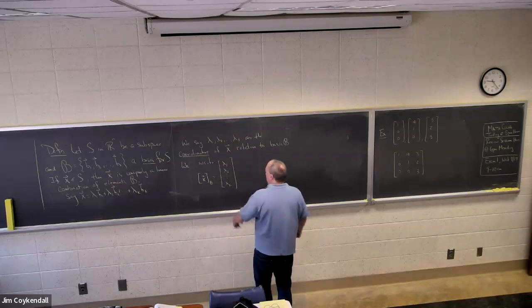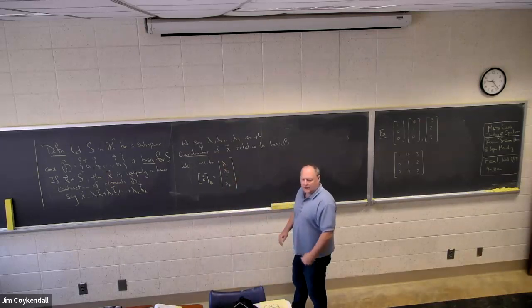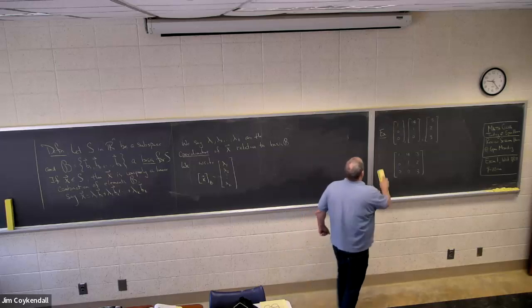So these are the B coordinates of the vector x.